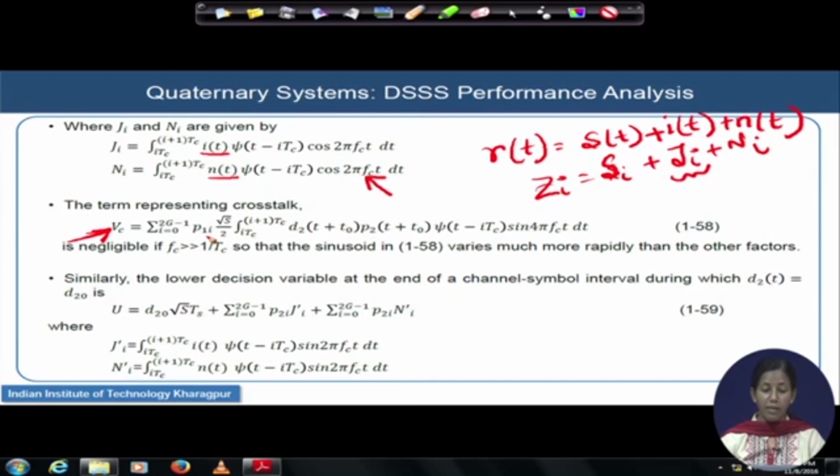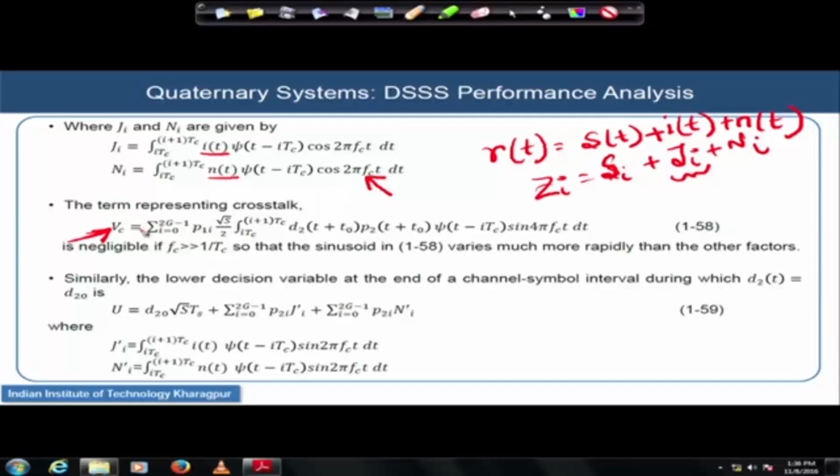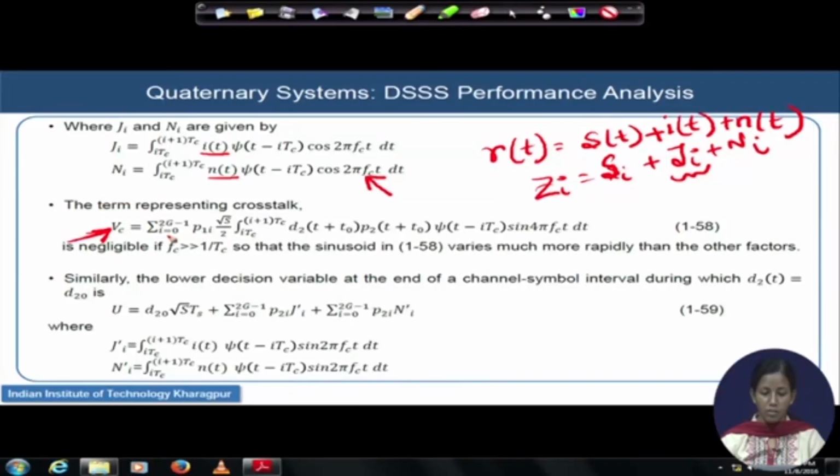If they are not perfectly orthogonal, I mean they have been chosen in such a way that they are partially correlated, and the cross correlation function between P1(t) and P2(t) is not perfectly 0 even when they are perfectly synchronized, then a term called the crosstalk is generated, which is given like this. And this crosstalk will play an important role on the decision device.